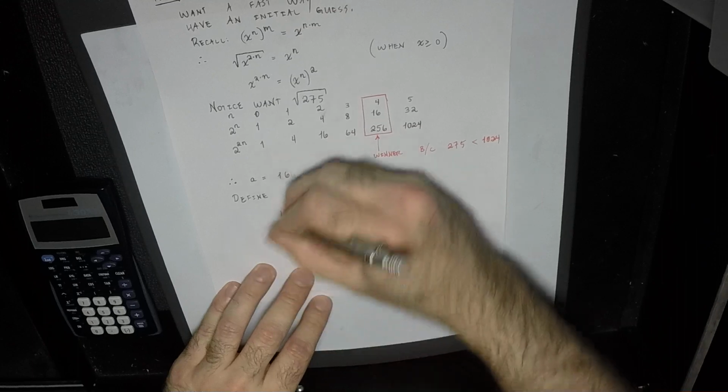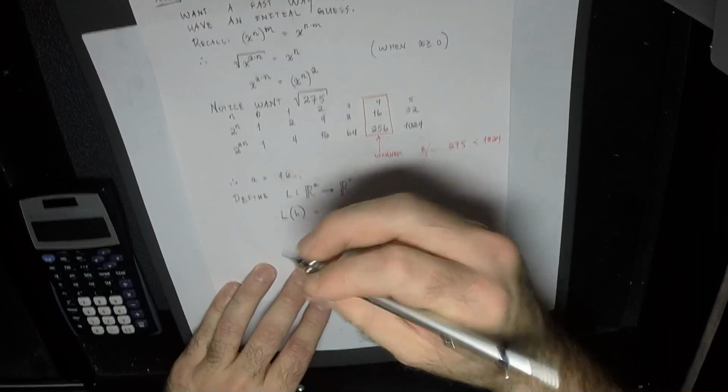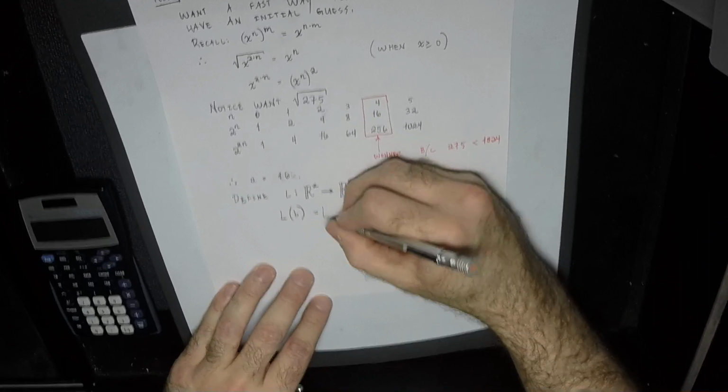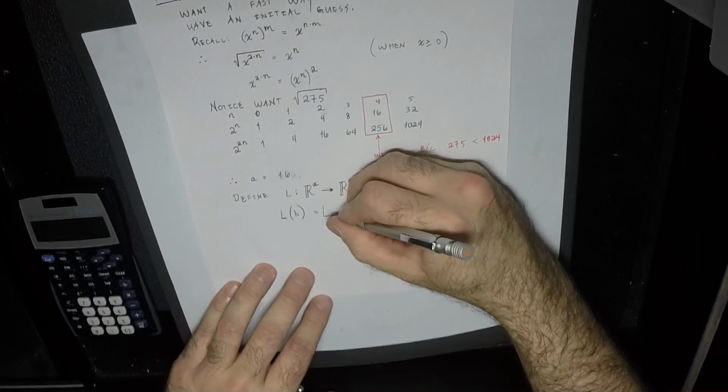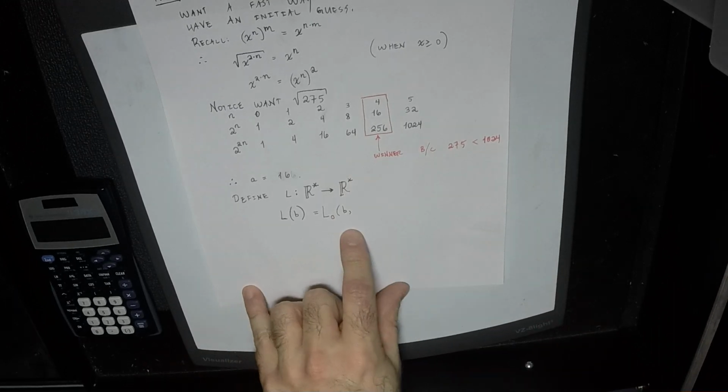So we want to compute the square root of B, but we need an auxiliary function, so we'll call it L0, as is our usual strategy.